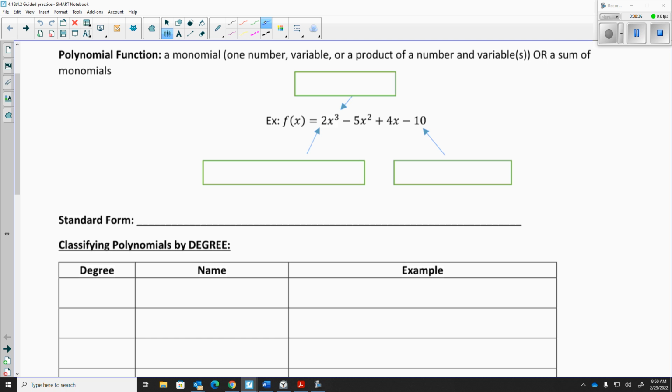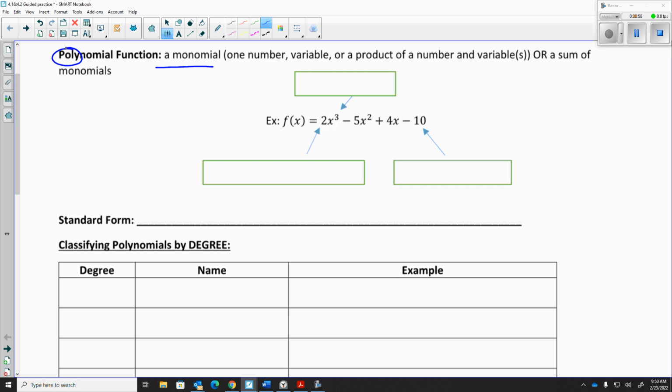All right. So polynomial, what is it? It's a monomial. What does mono mean? One. So a monomial is just one thing, one piece. What does poly mean? It means multiple. Like you guys talk about polytheistic and monotheistic religions?